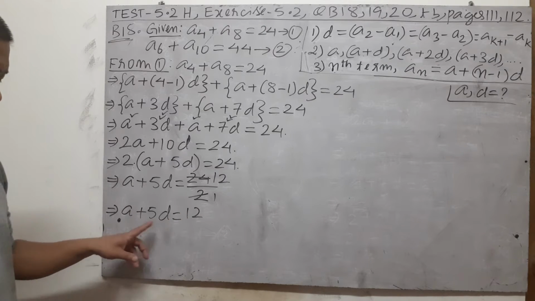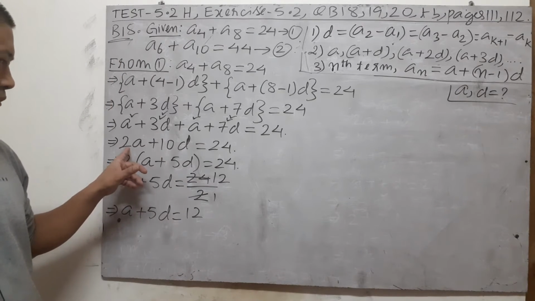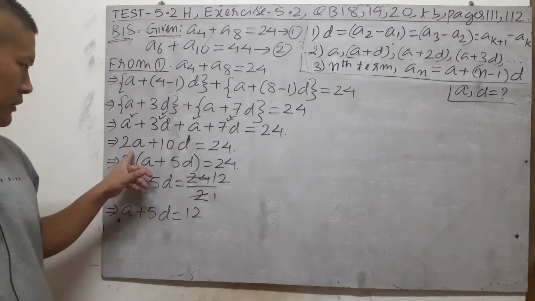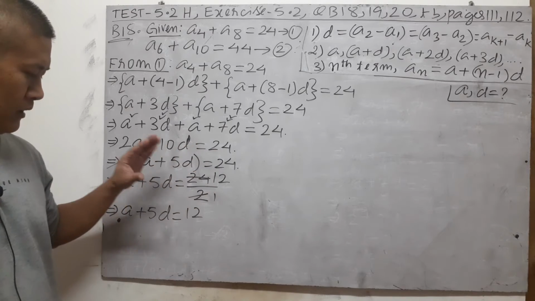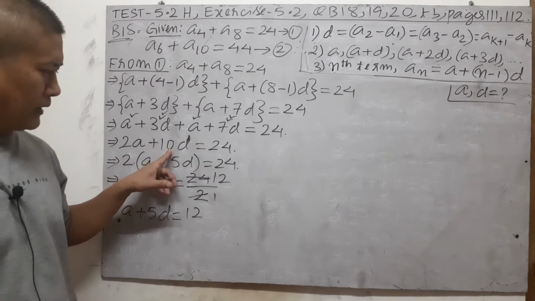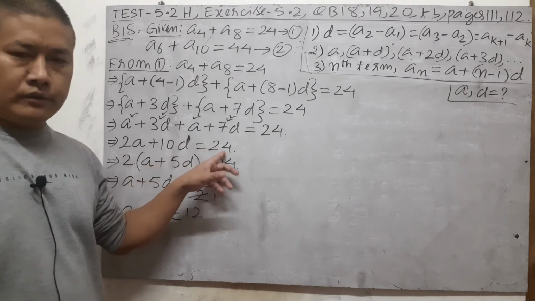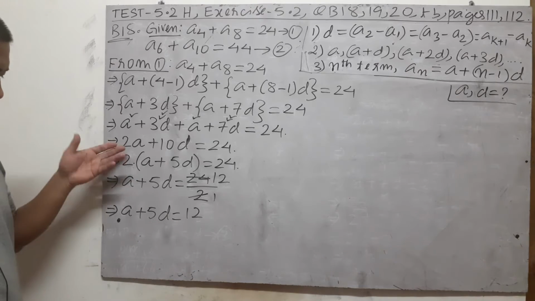That way we are having to contend with a simpler form of the equation rather than the bigger numbers here, 2, 10 and 24. Otherwise, even if we don't do that and we use this slightly more elaborate equation also, you will get the same answer. But why do that?